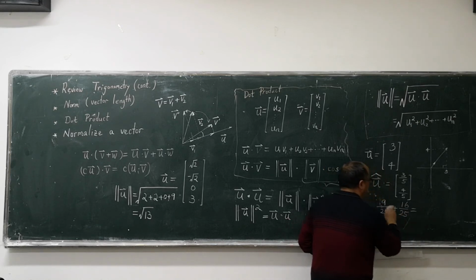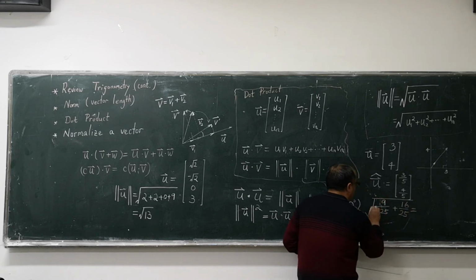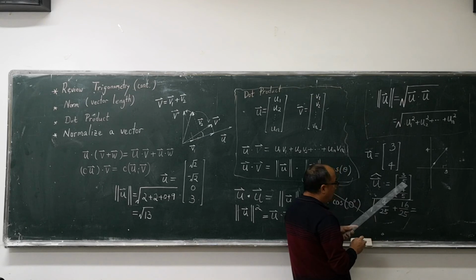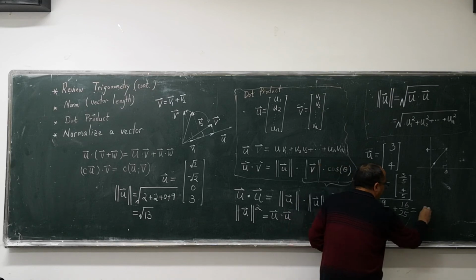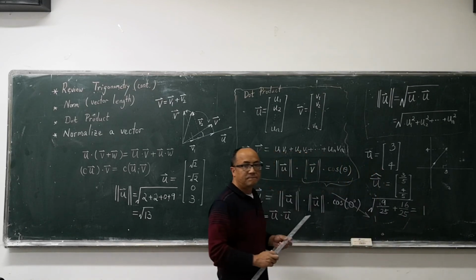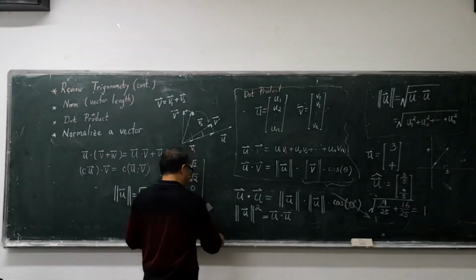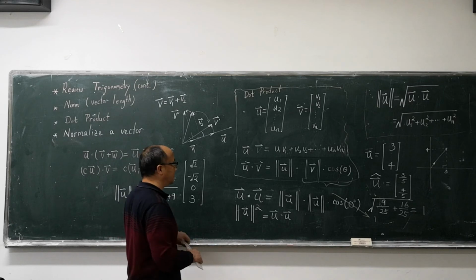So this plus this under the root is 1. So it's 1. So this is the normalized vector.